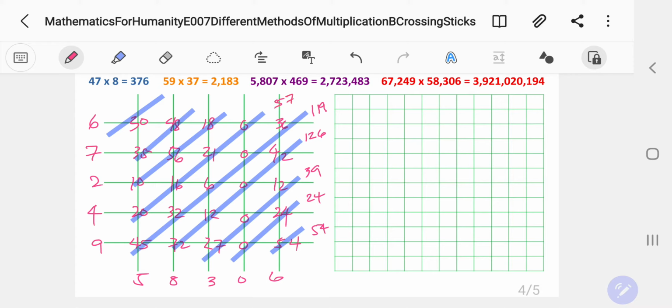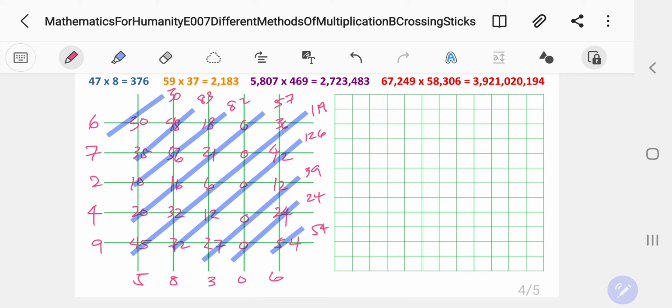And then 10 plus 56 would be 66, plus 18 would be 84, would be 82 here. And then 35 plus 48 would be 83, and then you have 30 here.